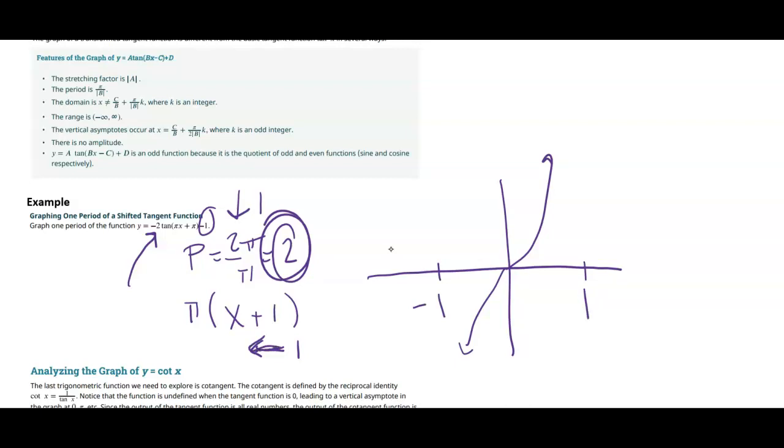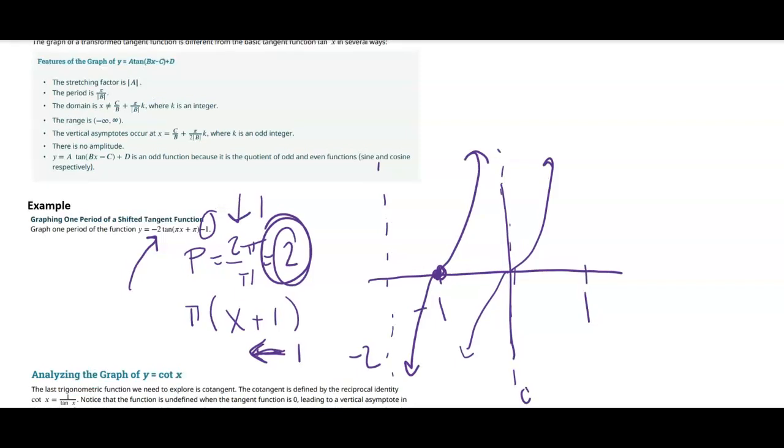Then I also need to move this to the left 1. So I'm going to move my 0 here. So now my vertical asymptotes would be at negative 2 and 0. The next thing I need to do is flip and stretch and then move down 1.